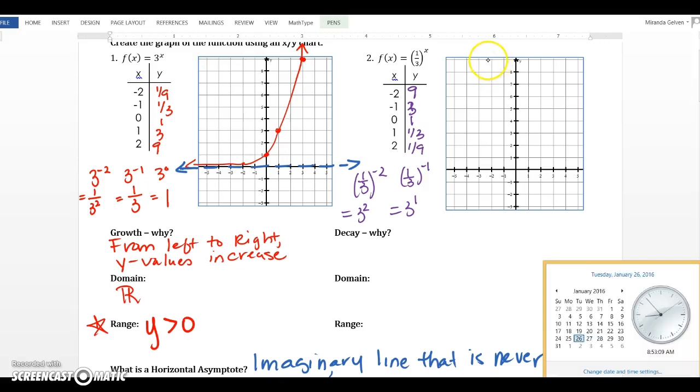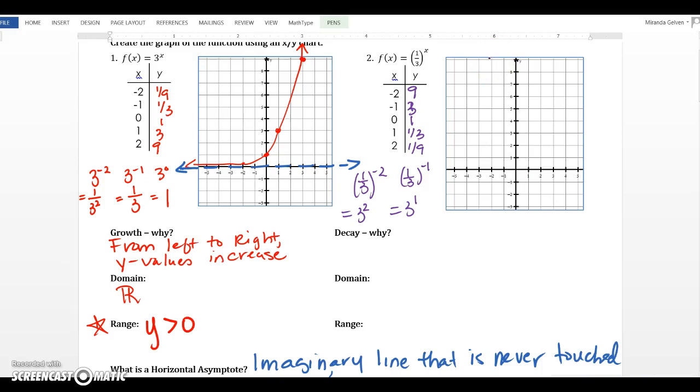If I come over here and graph at -2, I've got 9, 1, 3, and then a similar shape to what's going on the first time, but again going in the opposite direction. So this time we say, well, this is decay, and why? Well, same reason. From left to right, y values get smaller.